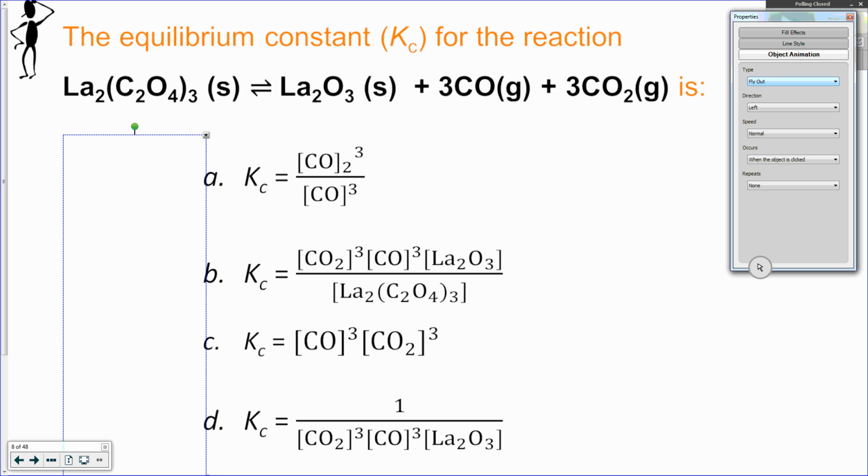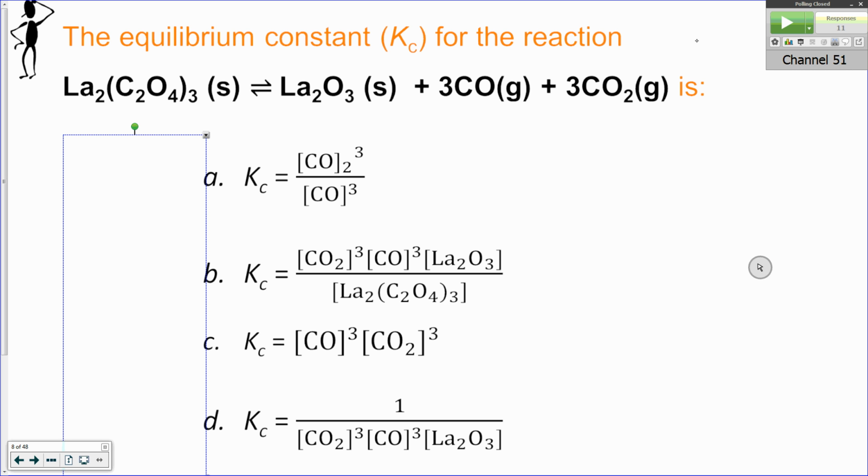Now it's set to fly out. There it goes. And indeed, that's the answer.